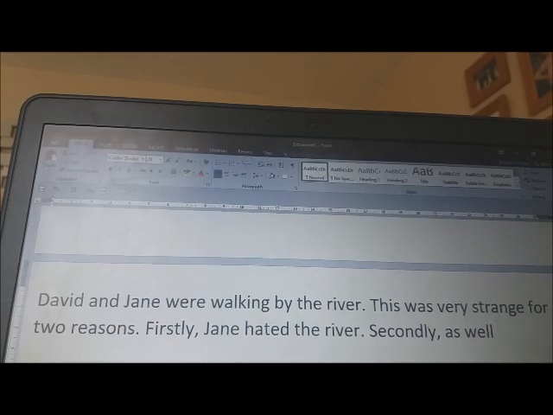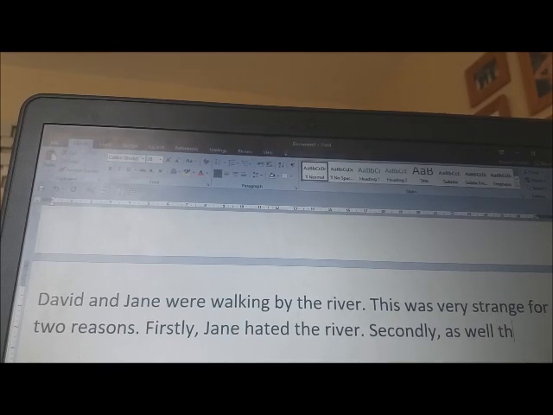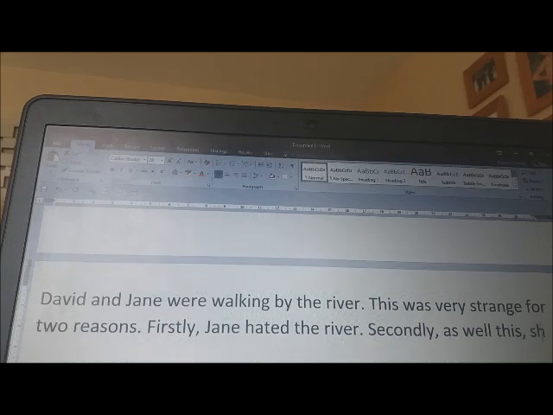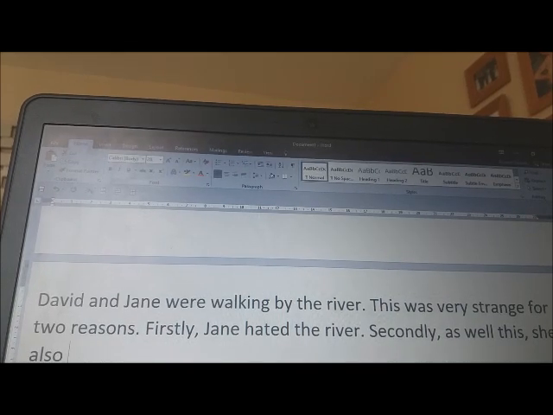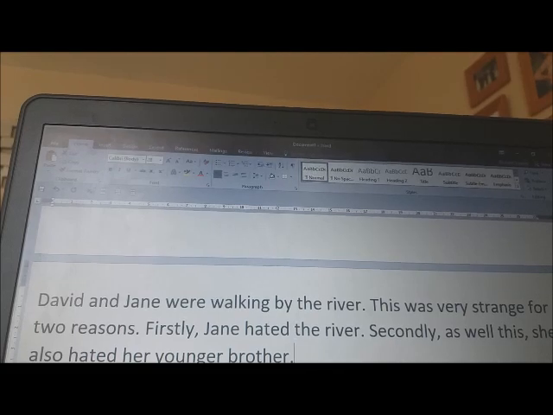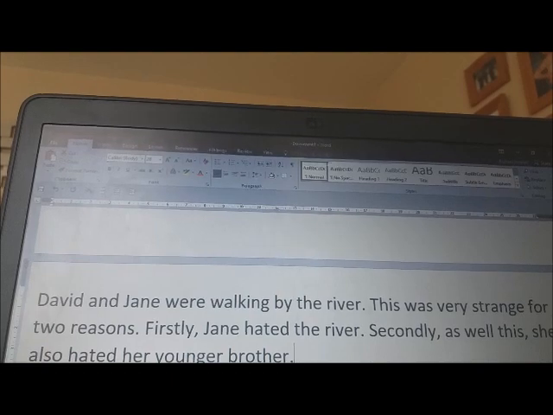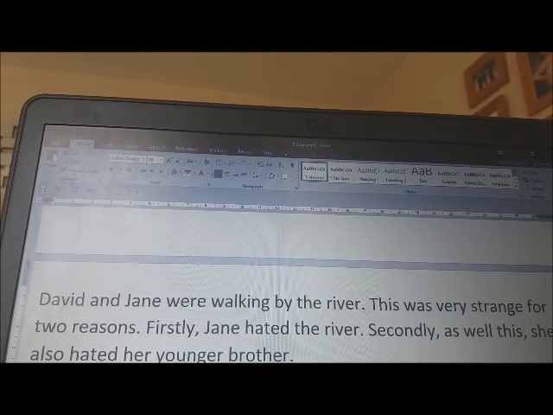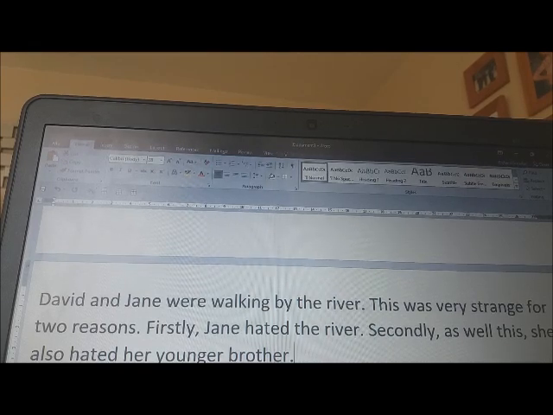So secondly, as well as this, comma, she also hated her younger brother. So that explains the first sentence. David and Jane were walking by the river, but that's a bit odd. And then the next three sentences go to explain that.